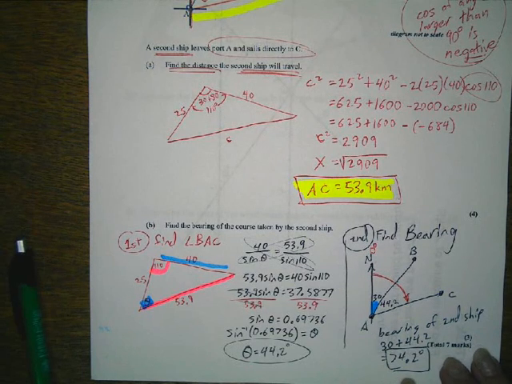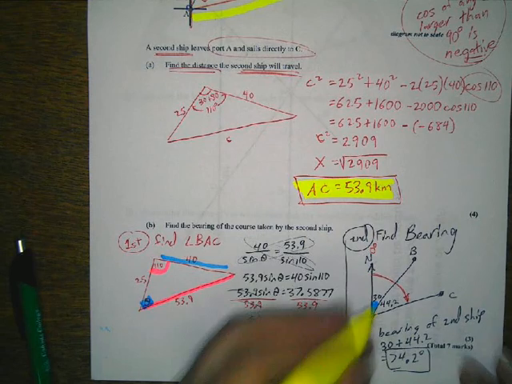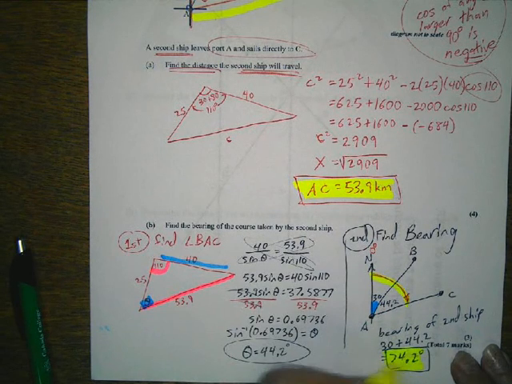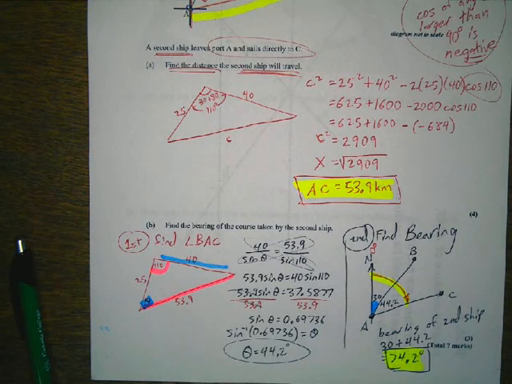Okay, so from north all the way to here, it's going to be 74.2 degrees. And that is the solution for page 4.